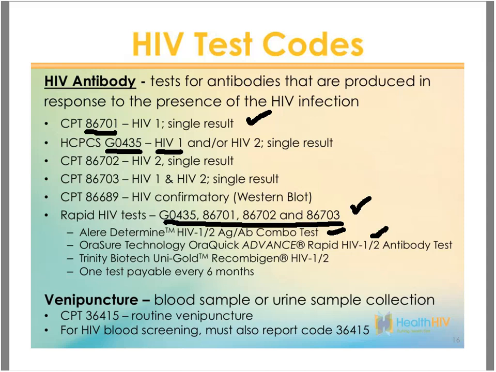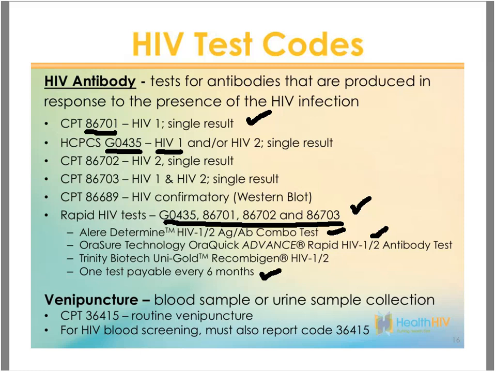Typically, a test is reimbursable every 6 months, but again, you should follow up with your carriers because they may have some different guidance in place. Some may say every 3 months, some may say every 9 months. Typically, it's every 6 months.